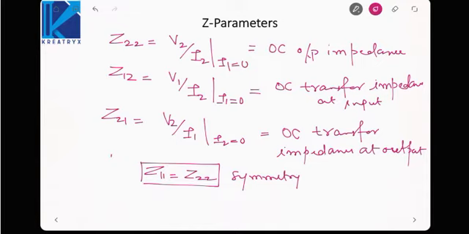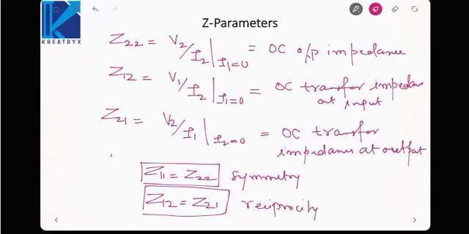What about reciprocity? I told you the ratio of response to excitation must remain the same. That is why Z12 should be equal to Z21 for reciprocity. Even if you see here, Z12 is the ratio of V1 by I2. That is, we have applied excitation I2 and we are obtaining the response V1.